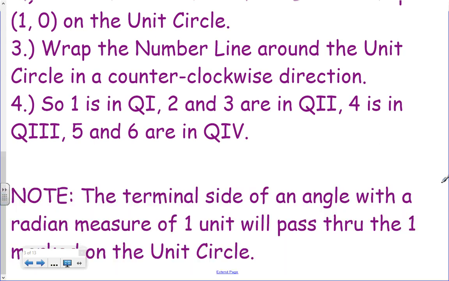One thing to note there is that the terminal side of an angle with a radian measure of 1 will pass through the 1 that's marked on the unit circle. This is how we define what a radian measure is.